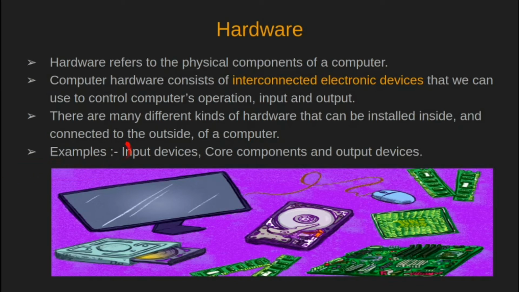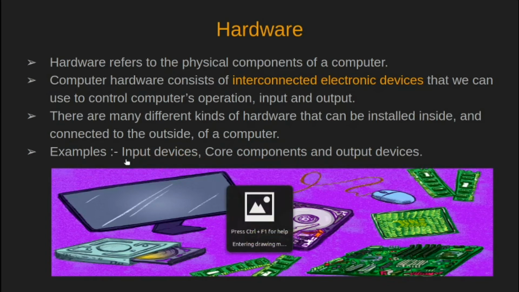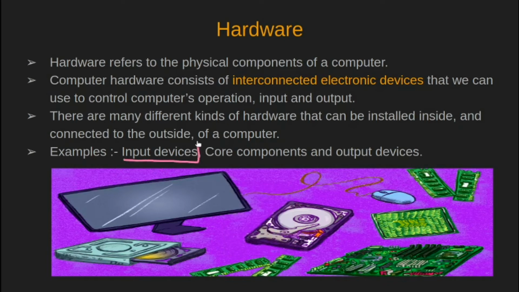Now, the examples for hardware are input devices, core components, and output devices. Well, just hang on a bit. Yeah, these two examples, the input devices and the output devices, are something that is connected to the outside of a computer.